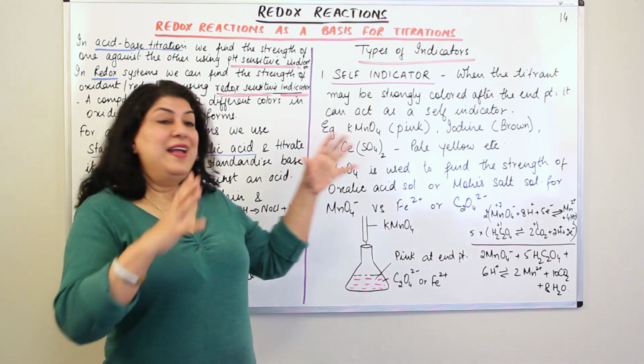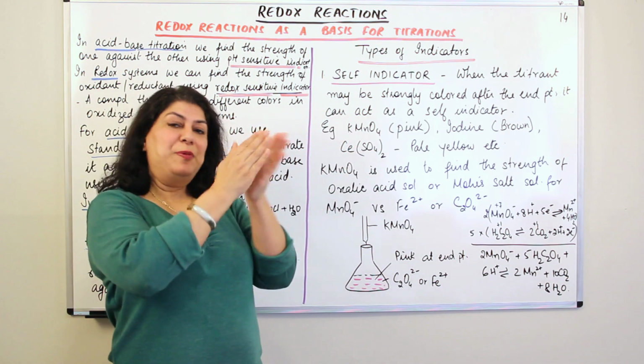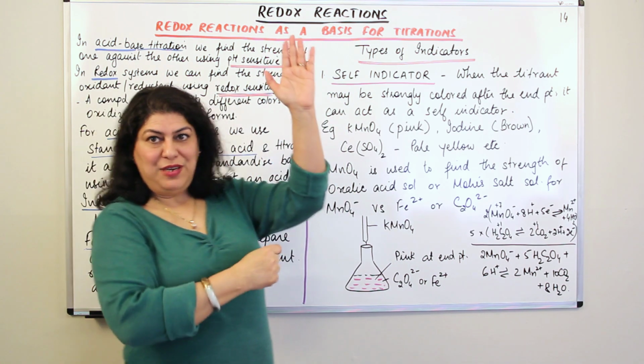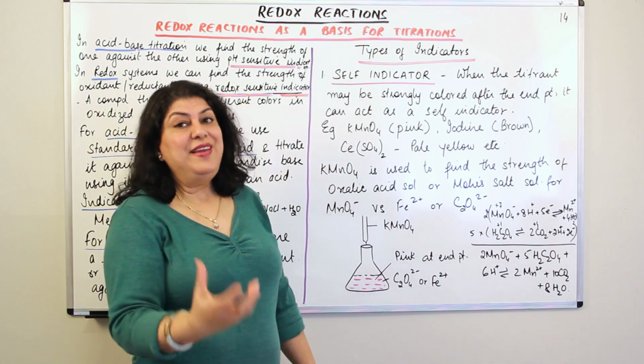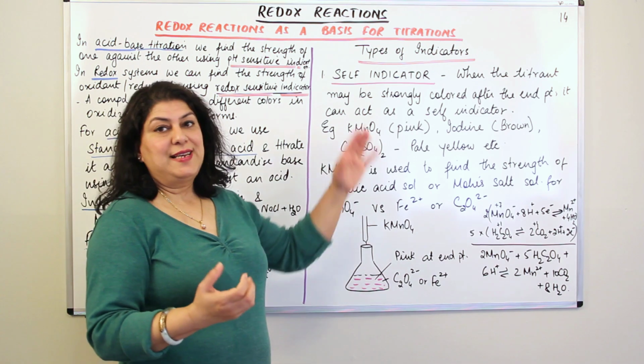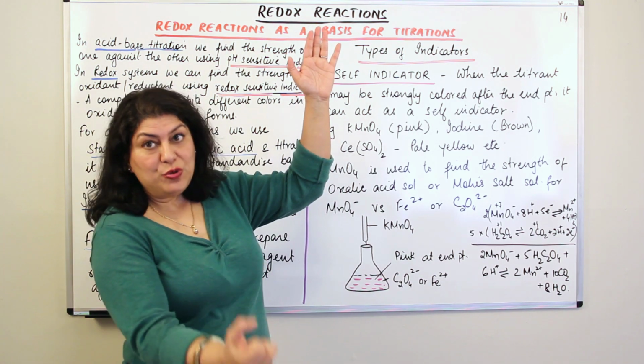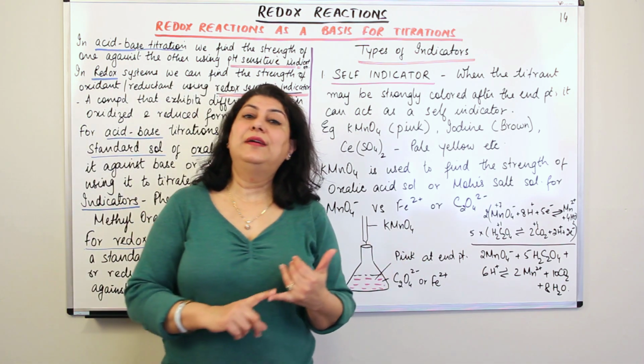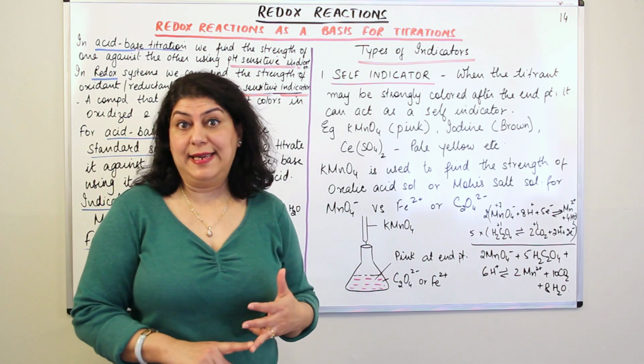So what do we do? We take potassium permanganate in the burette. And when we take potassium permanganate, which is the colored solution, in the burette, we take the reducing agent in the flask. The reducing agent in class 12 that you would be using would be either Mohr salt or oxalic acid.